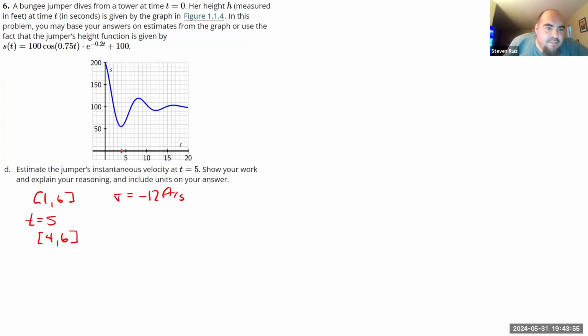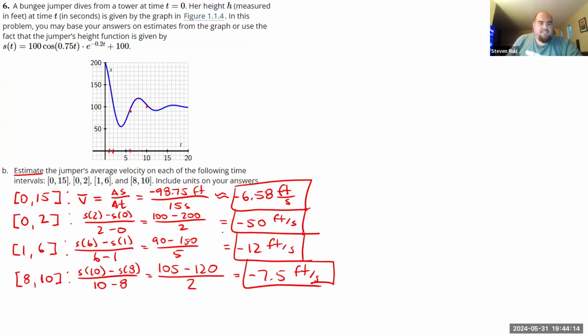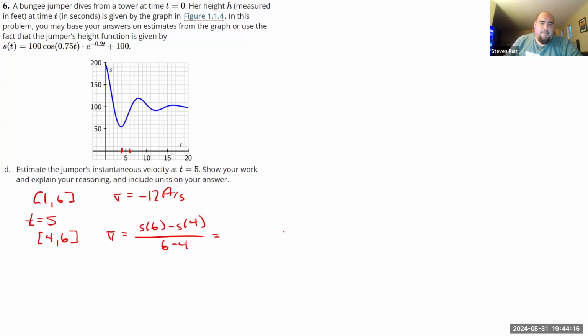So that's t equals 4, t equals 6. And let's look at the average velocity over that. So the average velocity is going to be equal to s of 6 minus s of 4 over 6 minus 4. We already said, let's just be consistent, what do we say s of 6 was? 90. 90 minus s of 4.